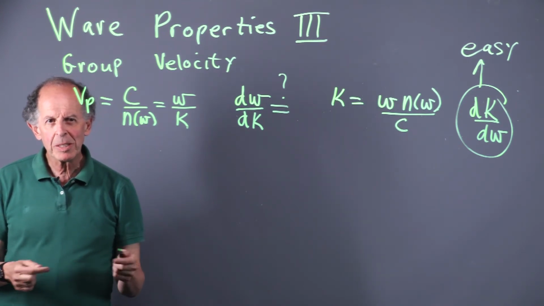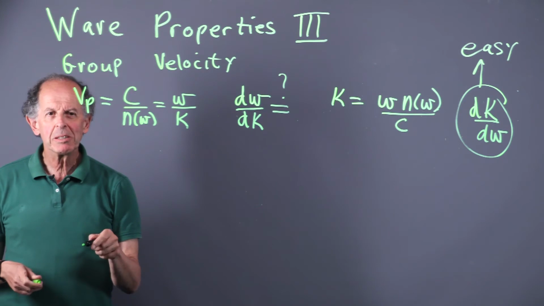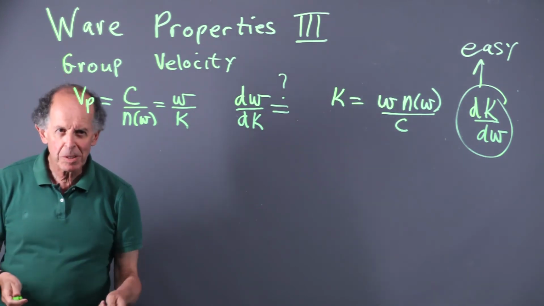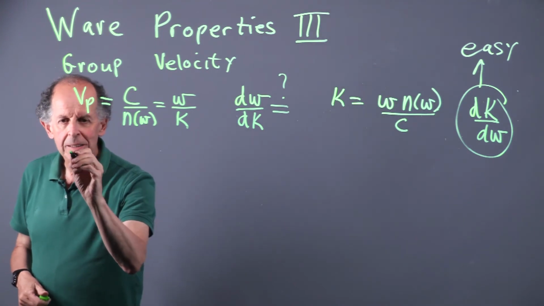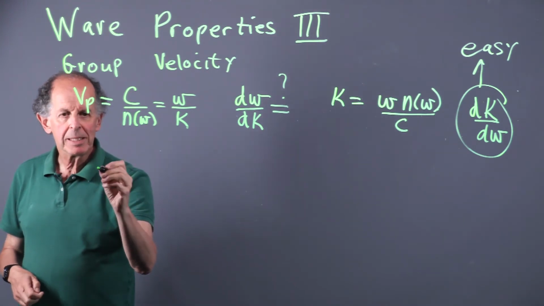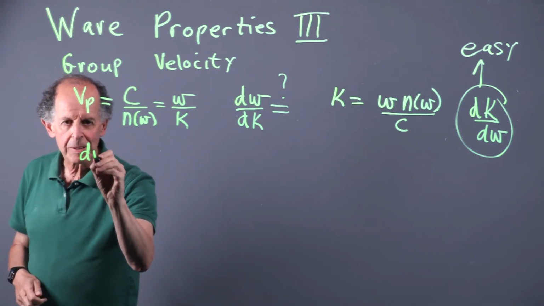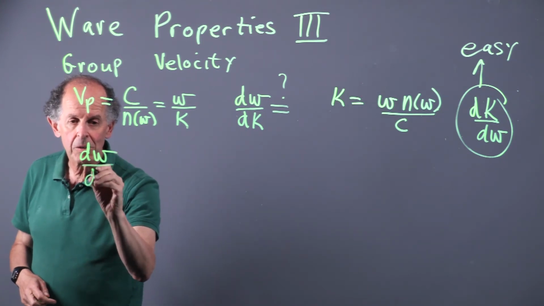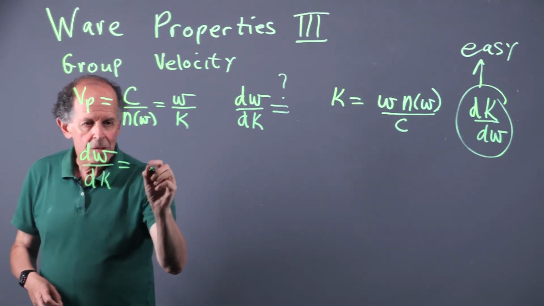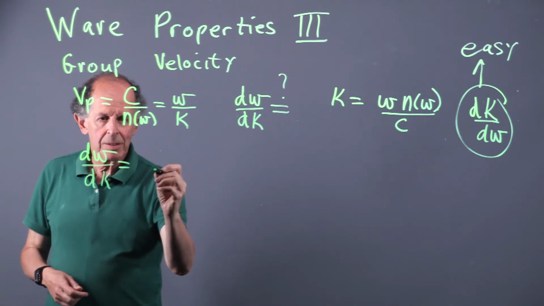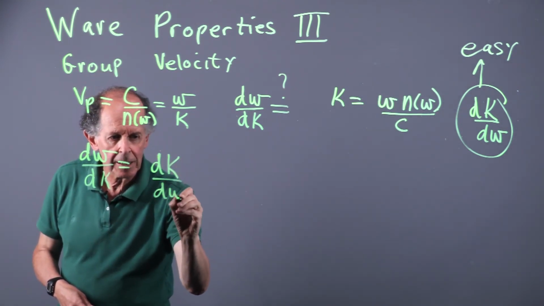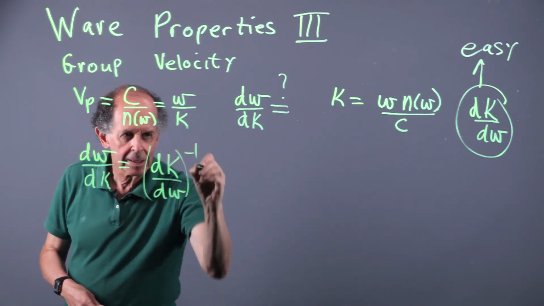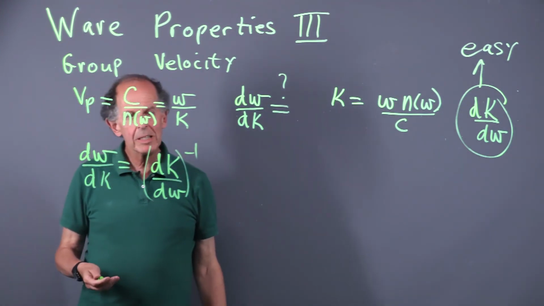But what's the slope if x is equal to y over m? It's the reciprocal. Same idea. So we just have to calculate dk d omega and take its reciprocal. So d omega dk, the group velocity in this case, is the reciprocal of dk d omega. That's very easy to do now.